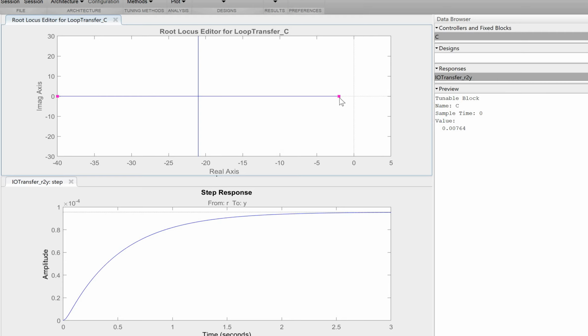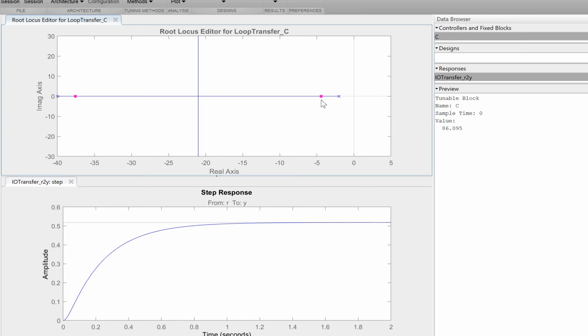Now, let's look and see what happens when we start up in the gain. Remember, these pink dots are our closed loop poles moving along on our root locus as we increase the gain here. So I increase the gain, and now what happens? I've got a pole here at roughly -5, and I've got a pole here at -37. We don't have the 10 times rule in here, and we can start to see that in our system.